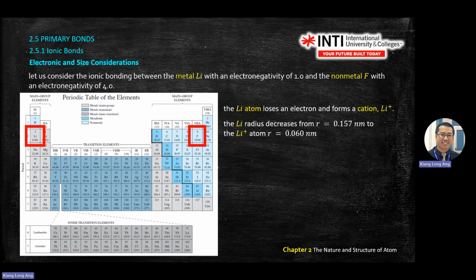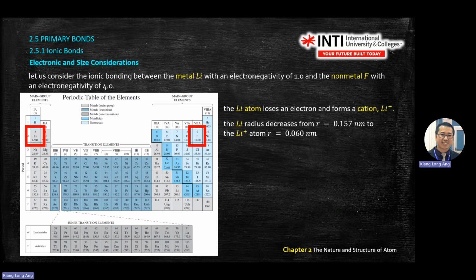This is how you explain why the radius decreases, from 0.157 nanometer to 0.06 nanometer, because of the pulling force of the positive charge of the protons in the nucleus. So with the same understanding, what happens to F?